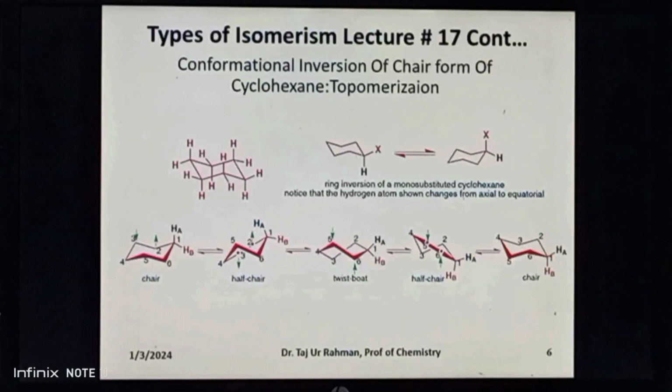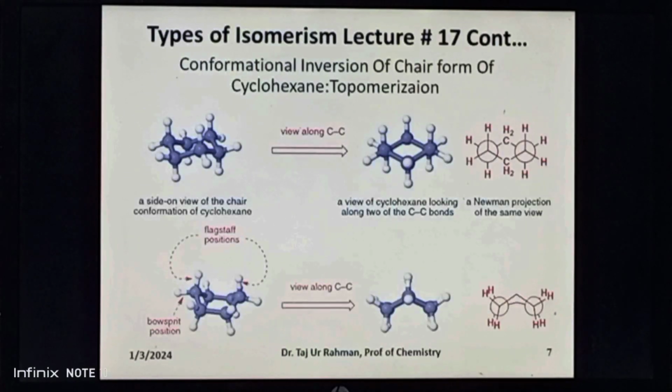This slide shows that cyclohexane can also exist in other puckered conformations, that is half chair and twist boat conformation. These are the ball and stick model and various views of the cyclohexane chair and boat conformation and Newman projections.